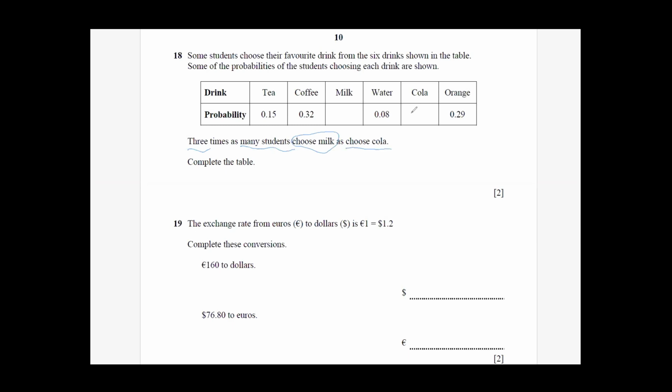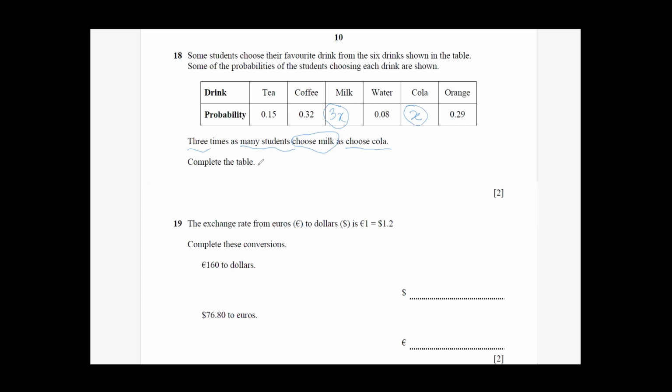So if the probability of students choosing cola is X, then the probability of the students choosing milk is going to be 3X. Complete the table. So the table has been completed, but it is not the exact value yet. We need to find out the exact values.